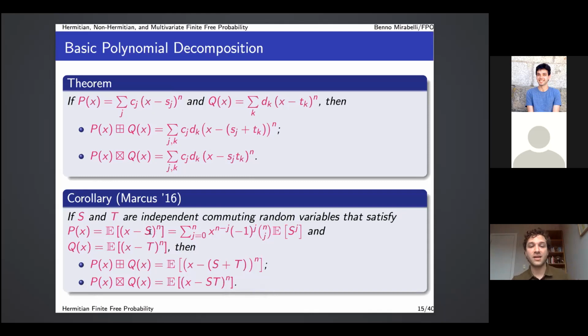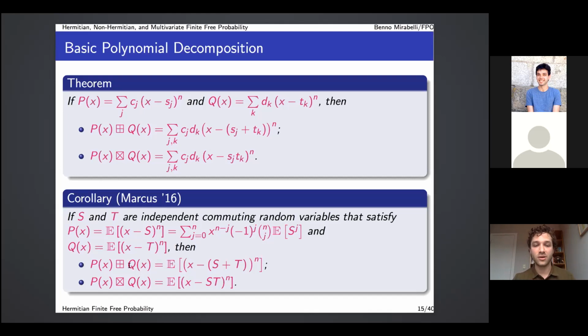If I give you a classical commuting random variable S, whose moments satisfy some set of constraints such that this expected polynomial I wrote here holds, and I do the same for T, a random variable satisfying this equality when I take the expectation of this polynomial, then the finite free additive convolution can be written in terms of adding independent classical random variables.